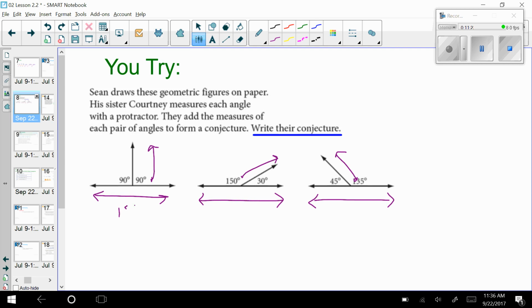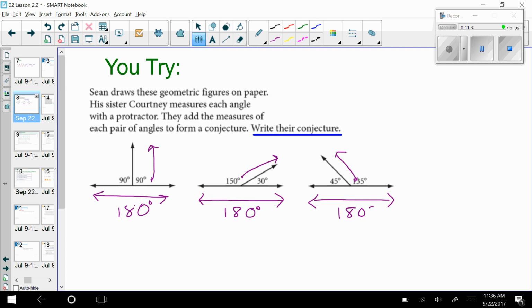90 plus 90 is 180. 150 plus 30 is 180. And 45 plus 135 is 180. So they all add up to 180 degrees.